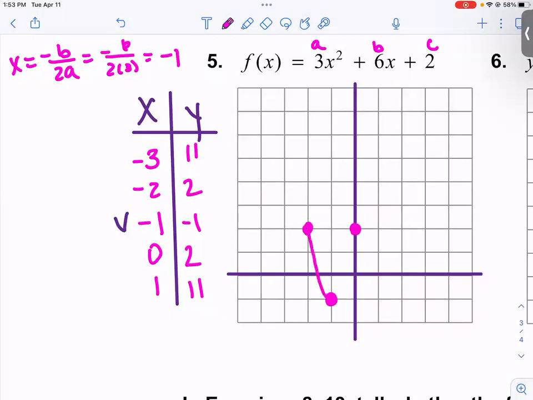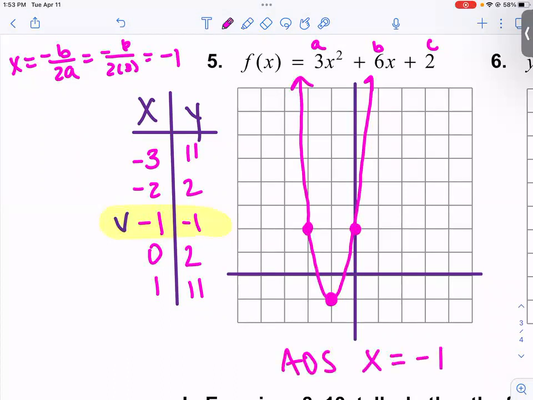And then I don't think I'm going to be able to fit my other ones on there. But every chart that you write for your graph, I want there to be 5 coordinates. If you can't fit them, whatever. Here's our vertex. Our axis of symmetry would be the line x equals -1.